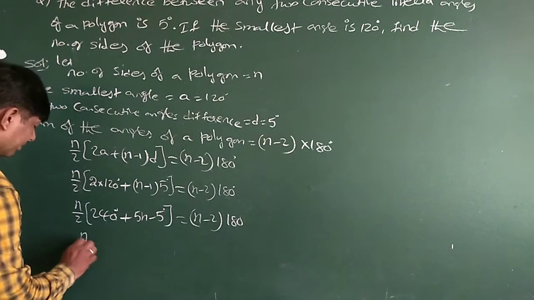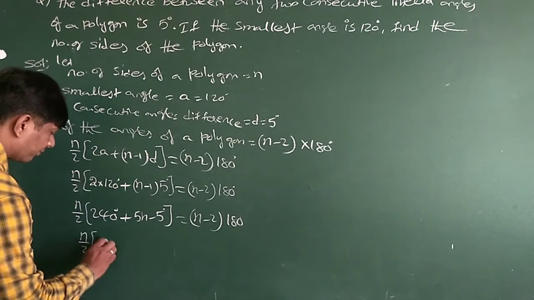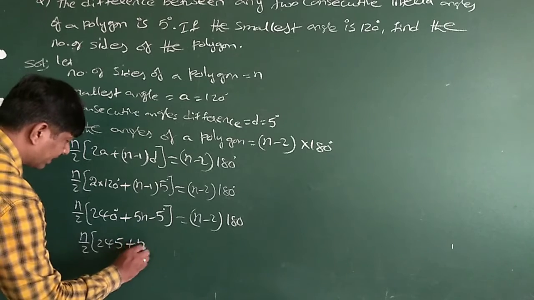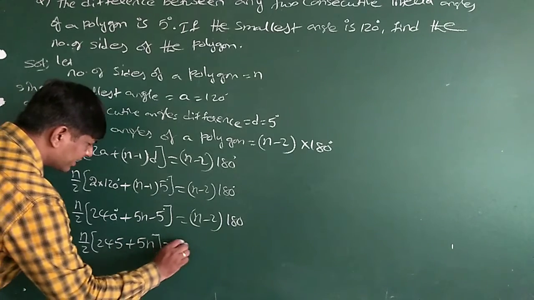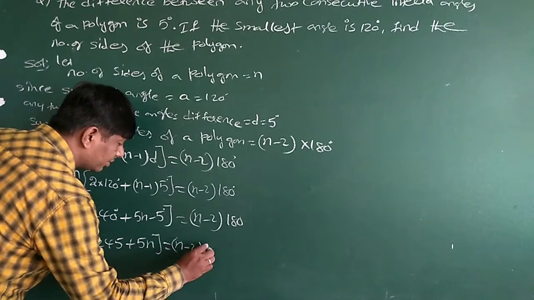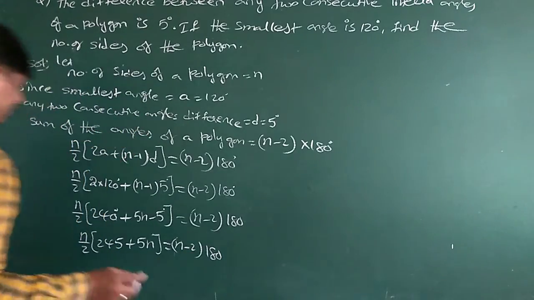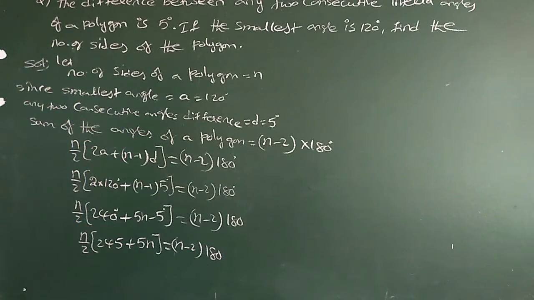Now that is equal to n by 2 into 245 plus 5n is equal to n minus 2 into 180. Now simplify it.